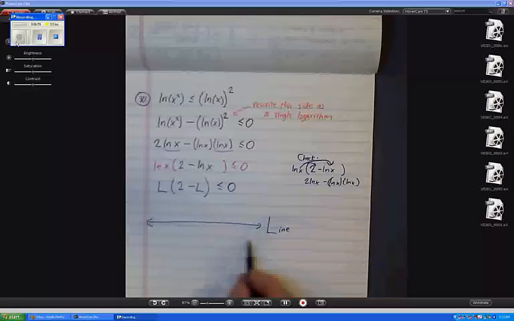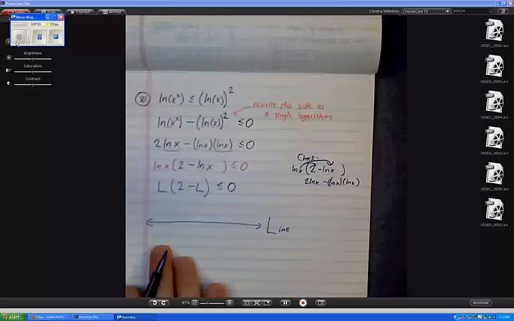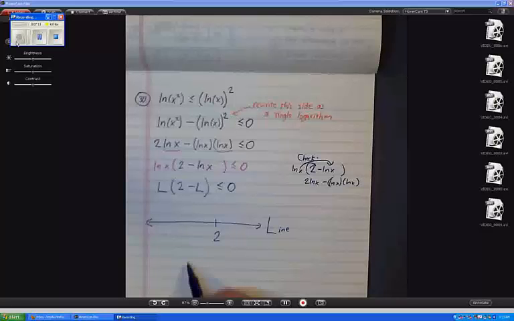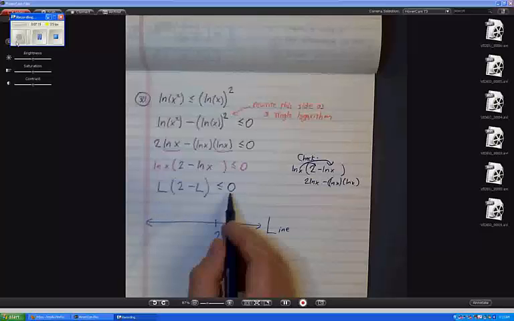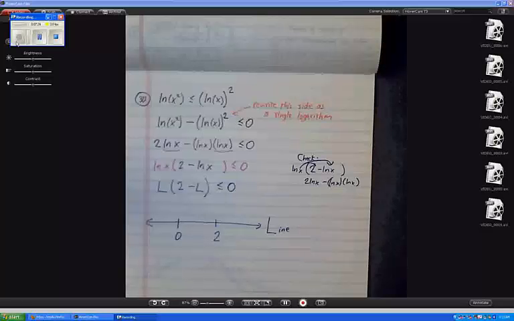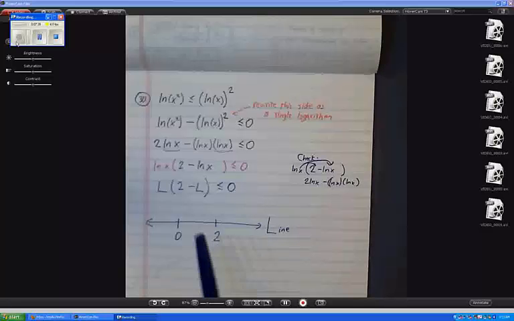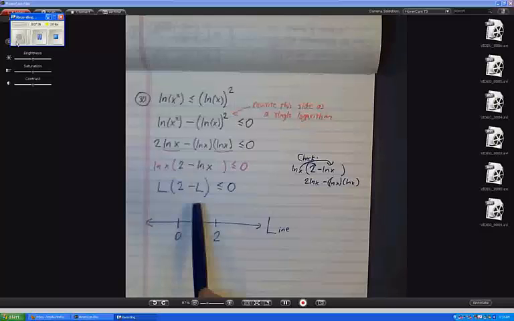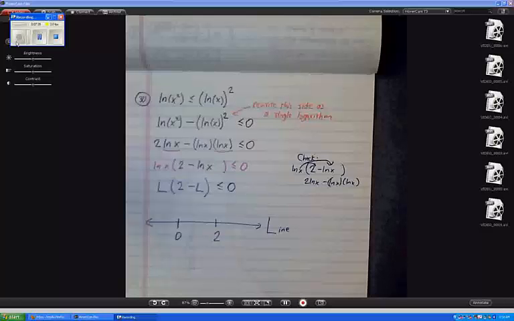And I want to know, what are the important values of capital L to think about here? 2, you're right. Or, if L is 0, that also could change things. Because these are the points where the output is 0, right? So I'm thinking that these are somehow important to the problem. Because if L is 2, we get 0, and if L is 0, we get 0. Now remember, L is going to actually stand for natural log of x in a little bit. But for now, this little substitution may help me.